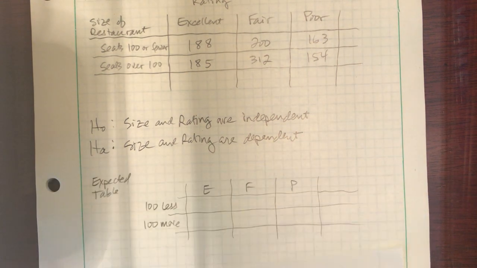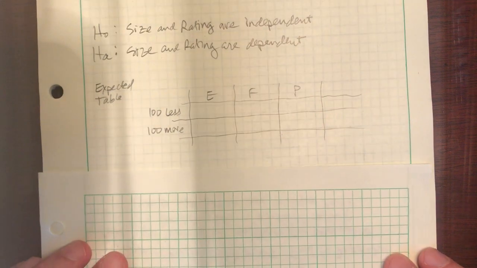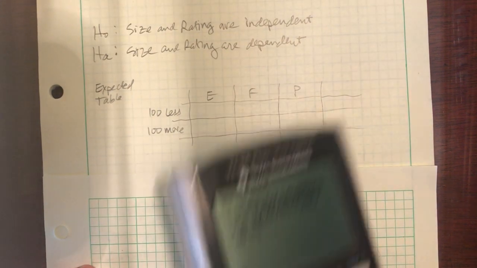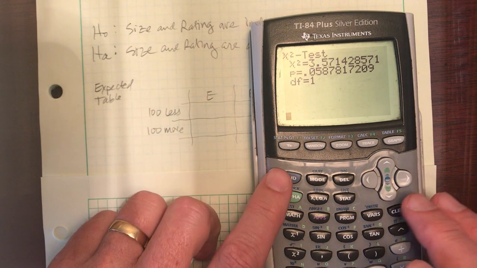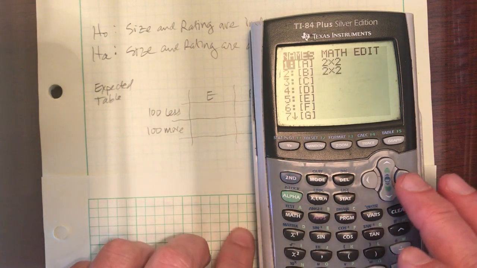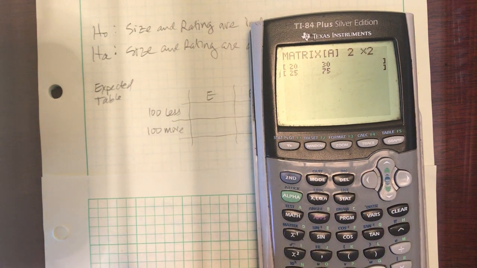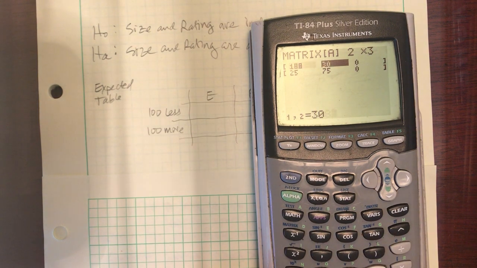Okay, well, there's an expected table you'll probably have to fill in. Let me head to my machine and second matrix edit, number 1. This is a 2 by 3, and here comes my observed data.